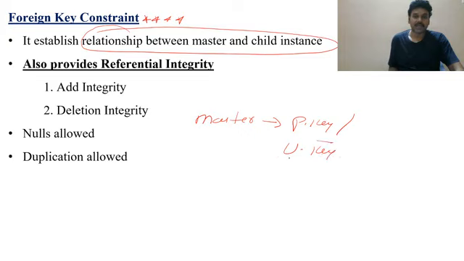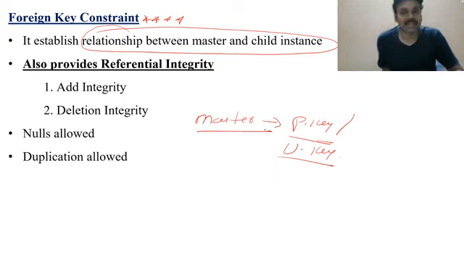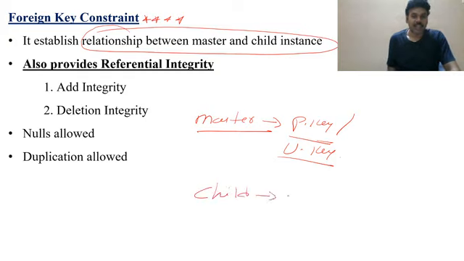Don't get confused, friends. The table on which the primary key or unique key column is defined is called the master table. And in the child table, this primary key or unique key is derived there and it is called foreign key in this case.